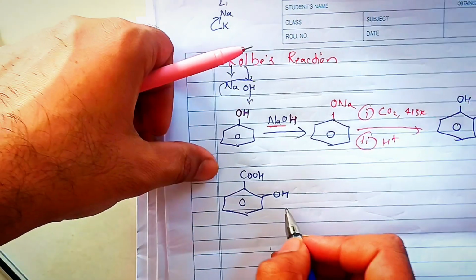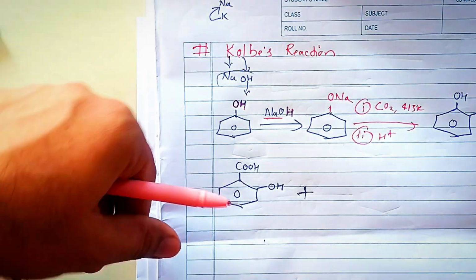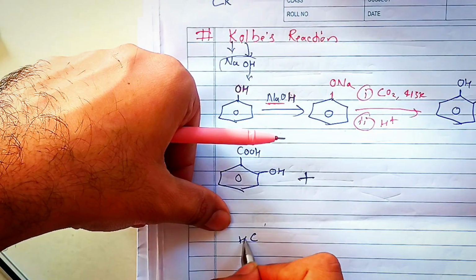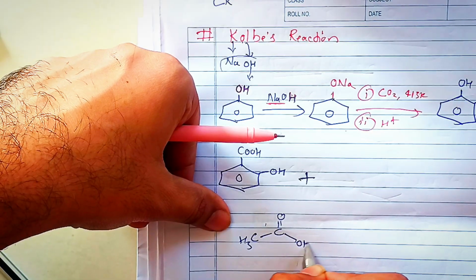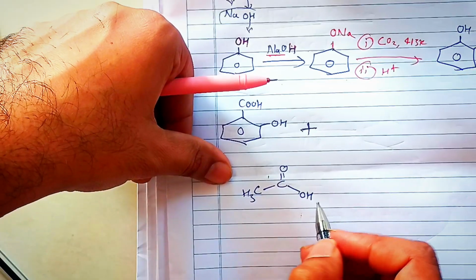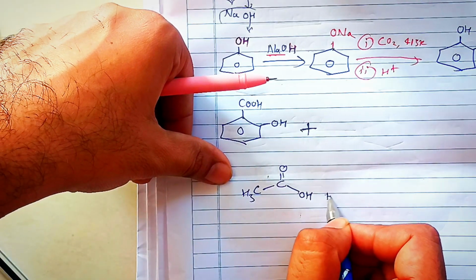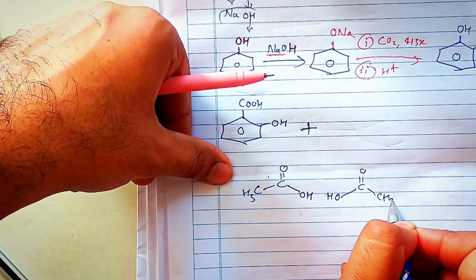Okay. Then plus we can take acetic acid; we already know the acetic acid formula. What will be acetic acid? CH3COOH. Then we will take 2 moles of acetic acid, okay? Again there will be OH, C double bond O, CH3.